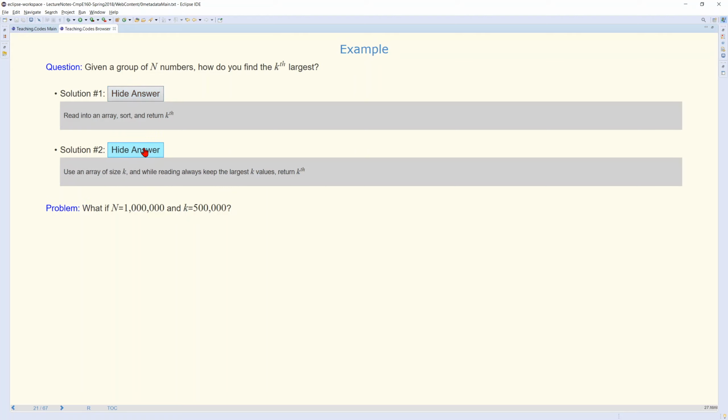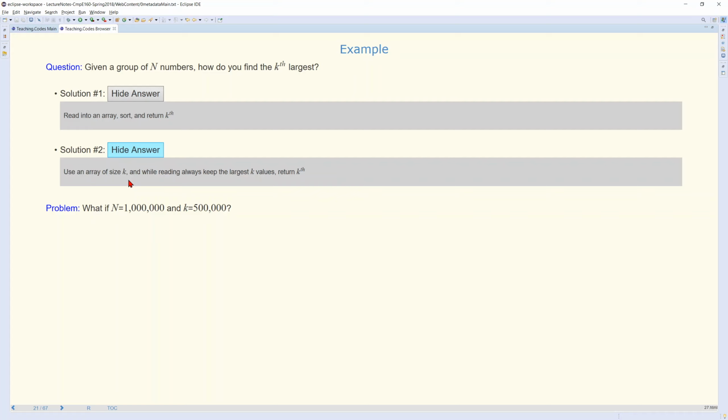Another solution could be, rather than having an array of 1 million elements, have an array of k elements, where k is, remember, we're looking for the kth largest value. So have an array of size k, and while reading the input, keep in the array only the values that are the largest.